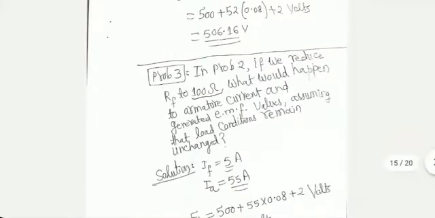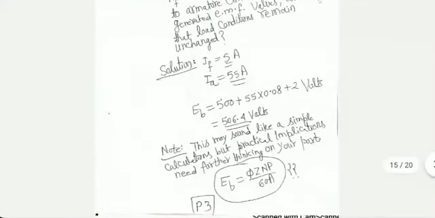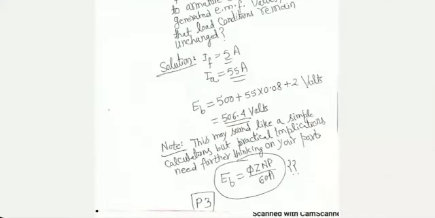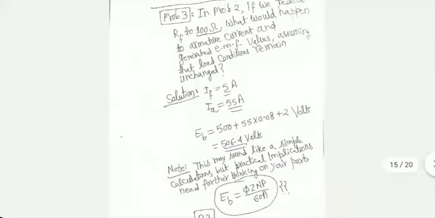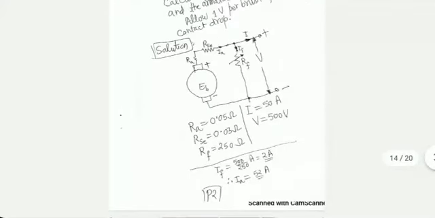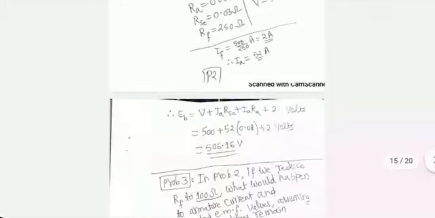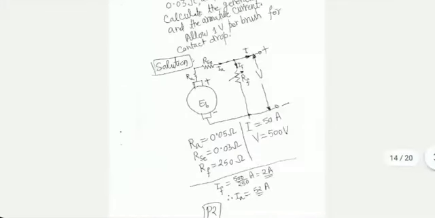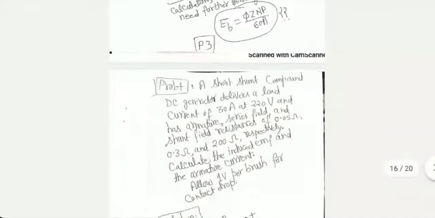So as far as calculations go, it is a simple example, but there is a lot of practical implication here. What has happened is you have increased the value of IF by decreasing RF. So the flux produced will go up significantly. But EB requirement has not changed much.